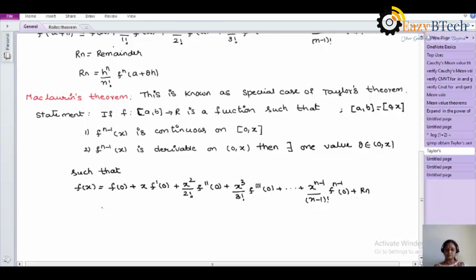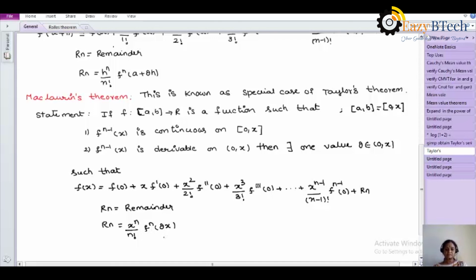Here also Rn is known as the remainder. The value of Rn is x power n by n factorial f power n of theta x. Okay students, Rn is x power n by n factorial f power n of theta x.